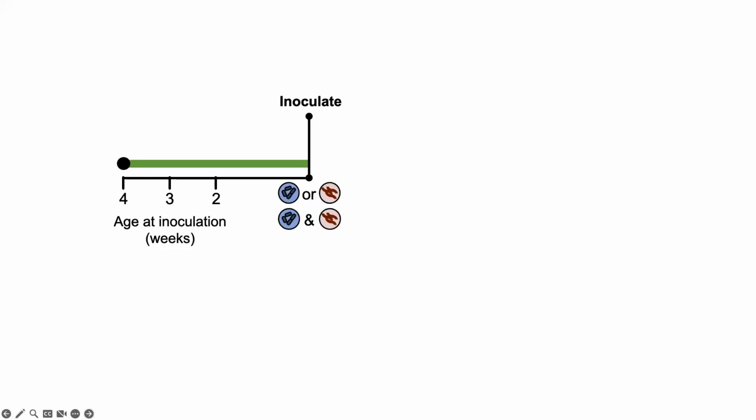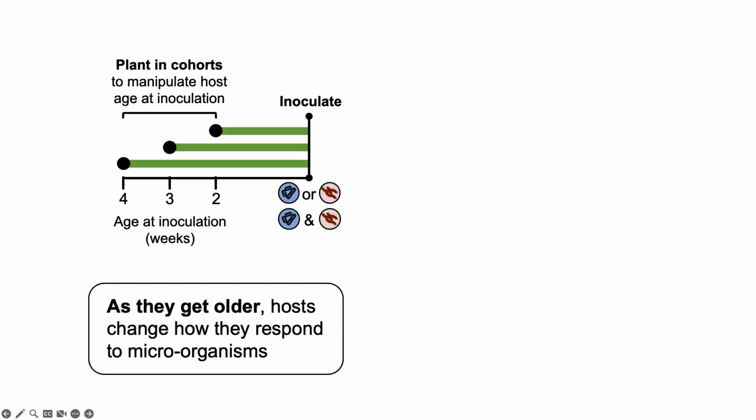So in this experiment, what we did was inoculate plants with either just rhizobia or nematodes, or with both rhizobia and nematodes. This cohort that I'm showing you here were inoculated 4 weeks after they germinated. The reason I'm showing you this timeline on the x-axis is that we actually planted in cohorts to manipulate the age at which hosts first encountered these organisms.